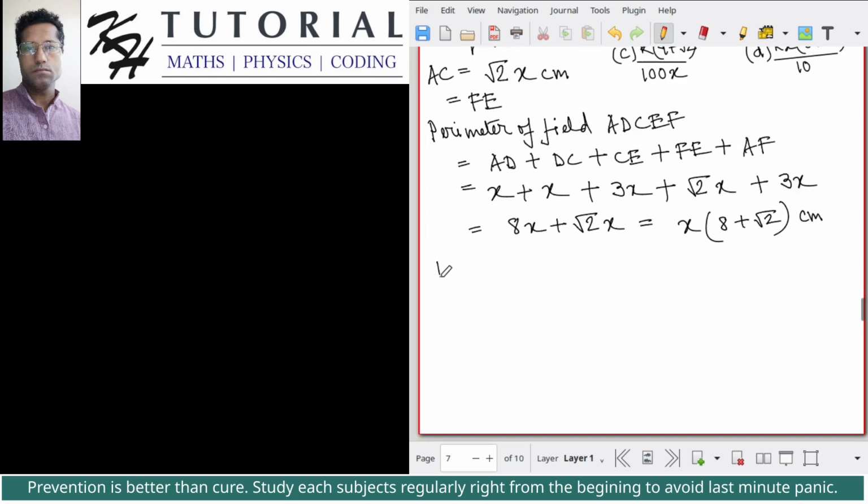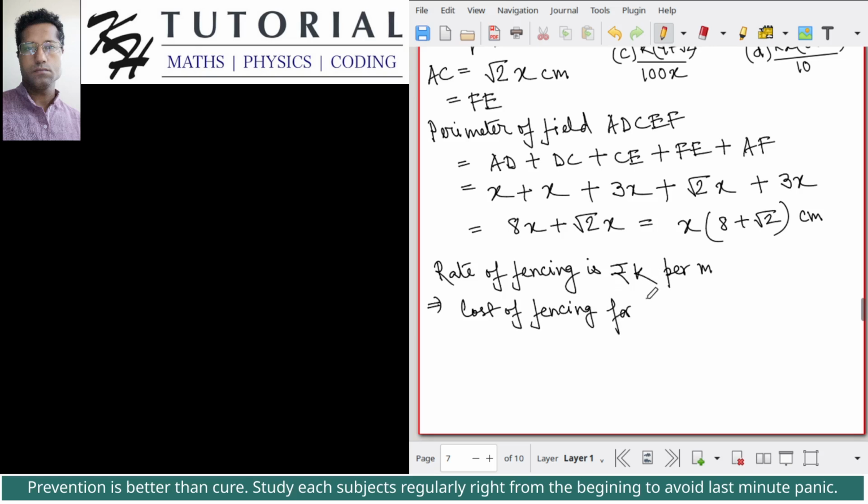So rate of fencing is rupees K per meter. This implies that cost of fencing for 1 meter is equal to rupees K.